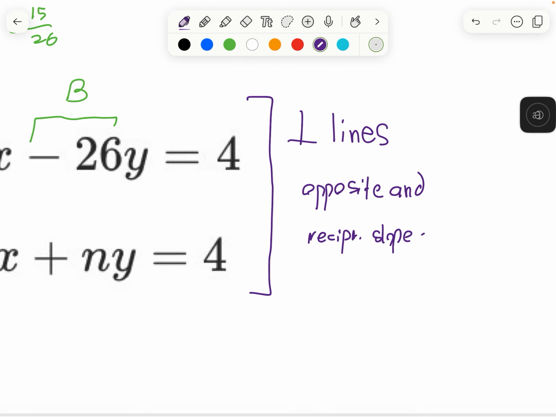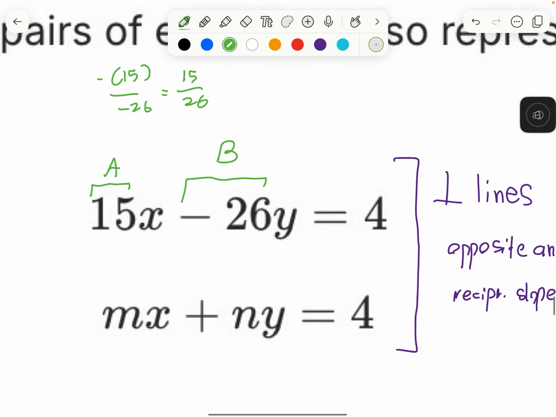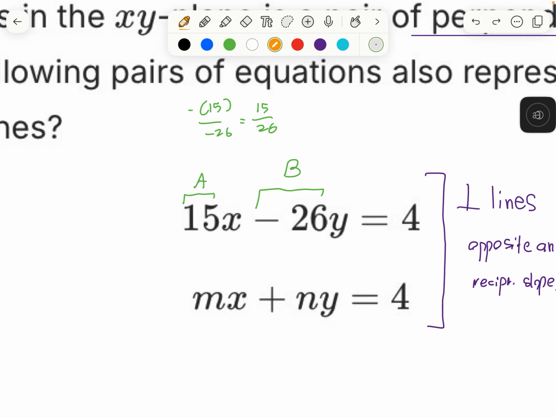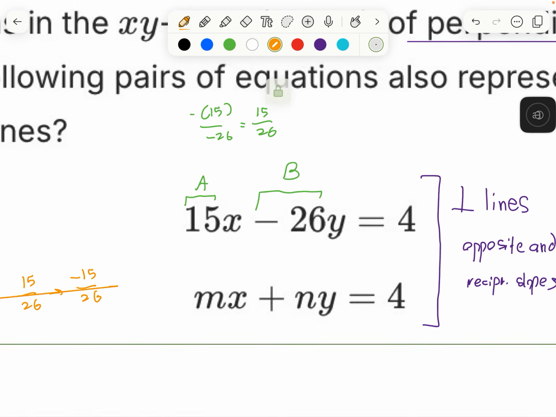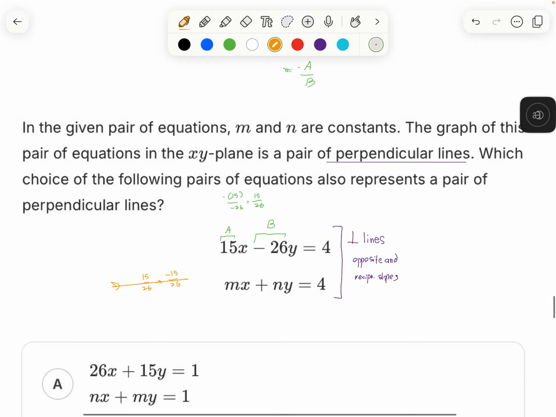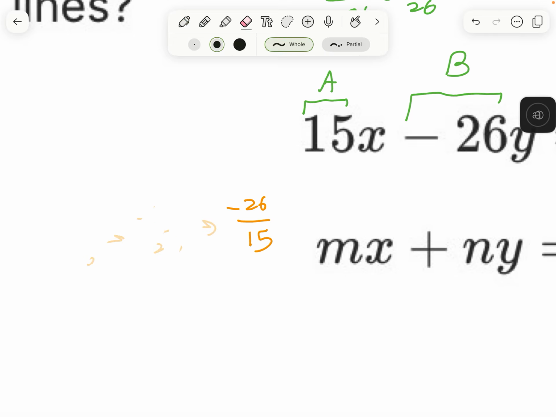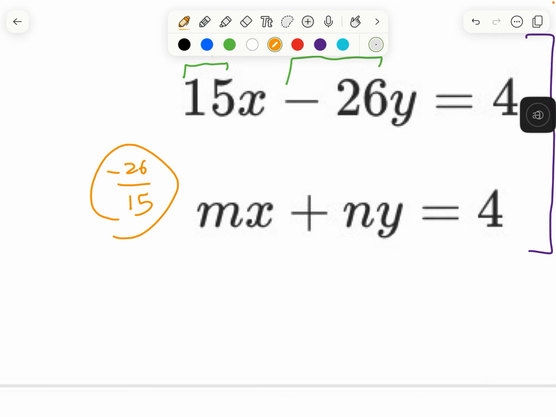So if the slope of the first line was 15 over 26, then the slope of the second line, and I'll use a different color for this, is going to be opposite. So that's going to be negative 15 over 26, and then reciprocal, so you flip it. And again, this is for any perpendicular pair of lines. So the slope of the second equation is negative 26 over 15.